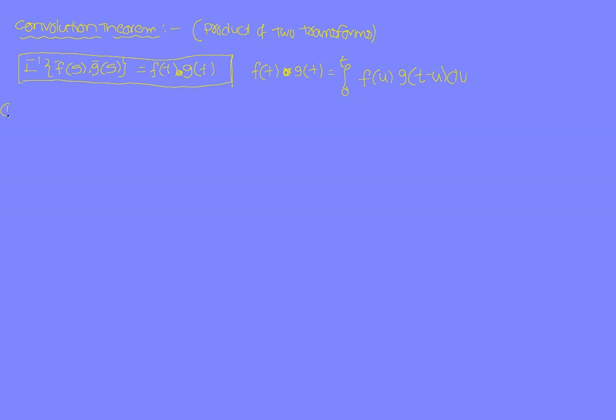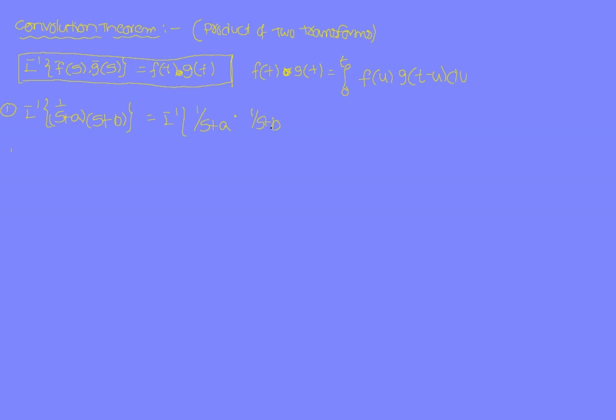L inverse of 1 by (s plus a) into (s plus b). First, what you have to consider is that this is nothing but the L inverse of 1 by s plus a into 1 by s plus b.